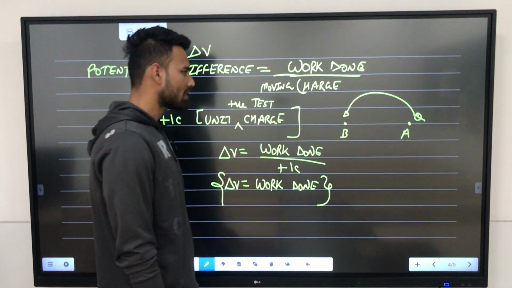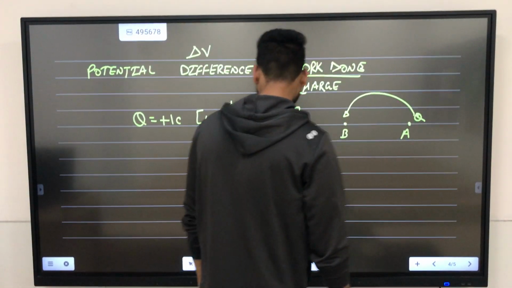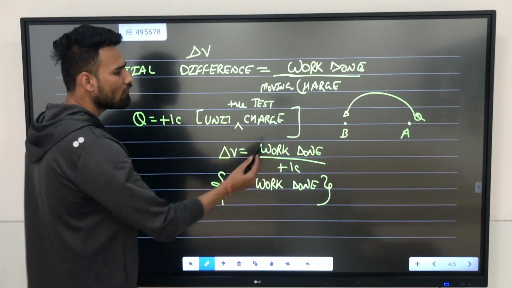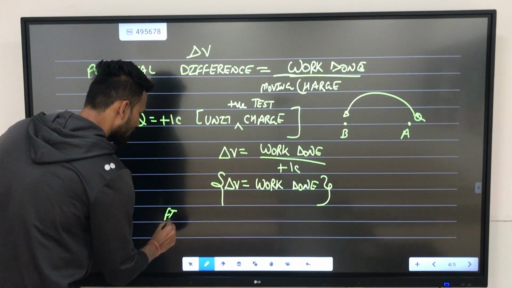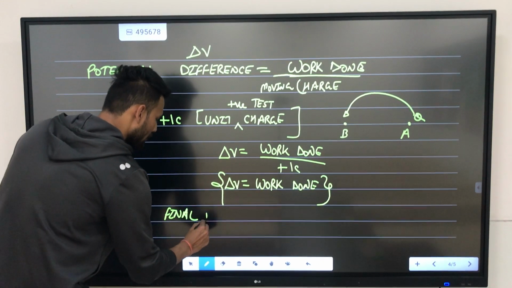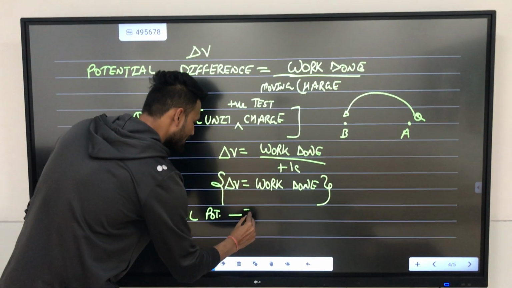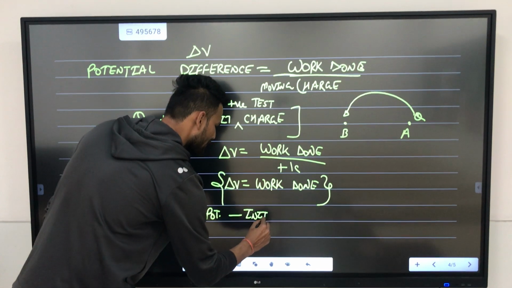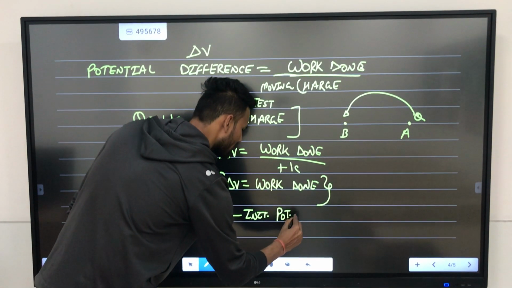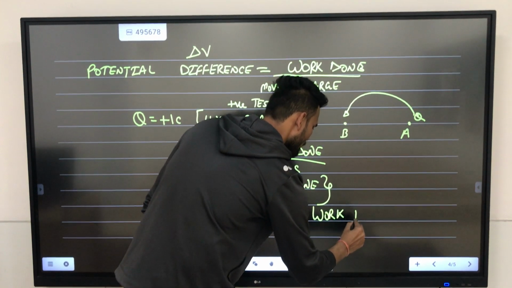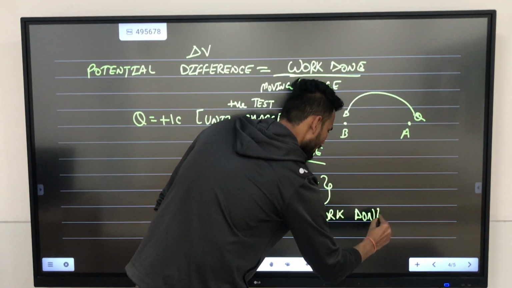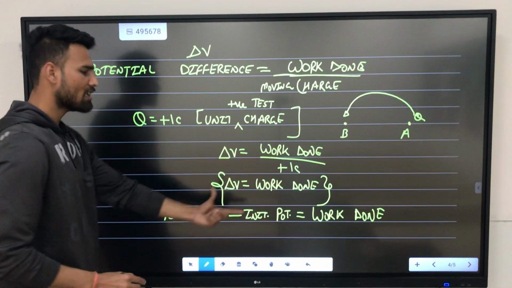Now suppose we are moving it from A to B. So delta V is defined as final potential minus initial potential, which is equal to the work done.